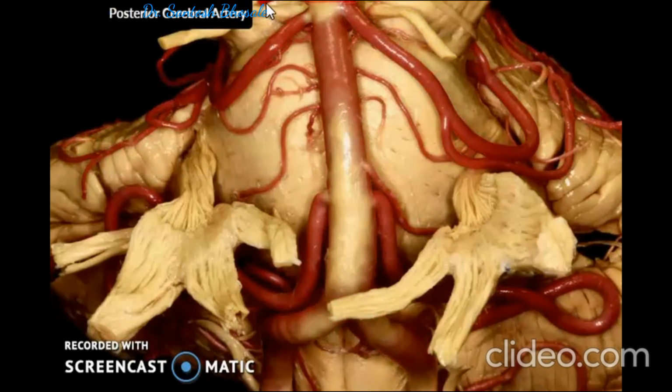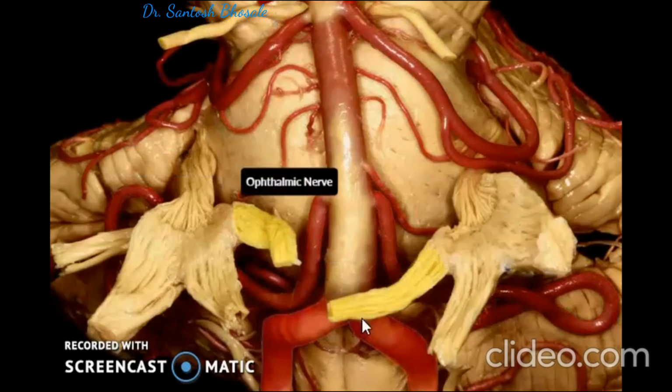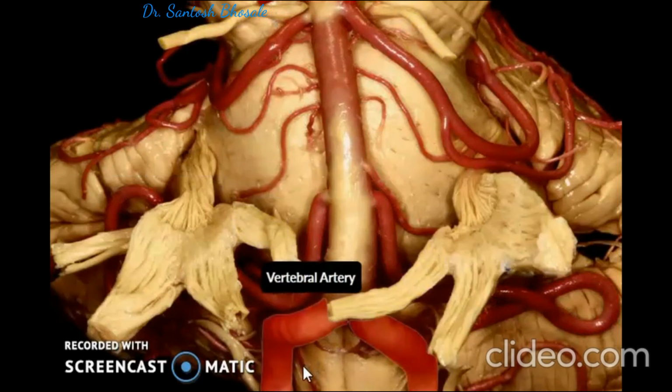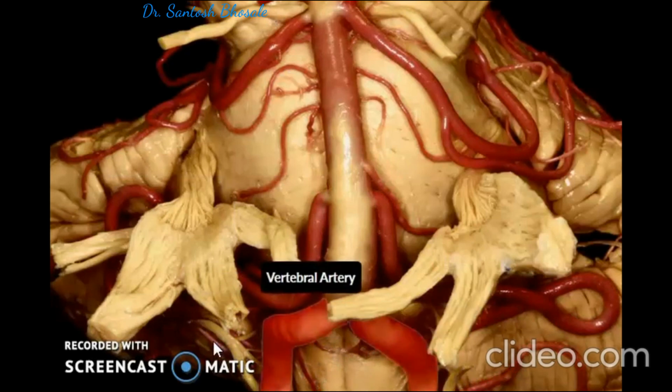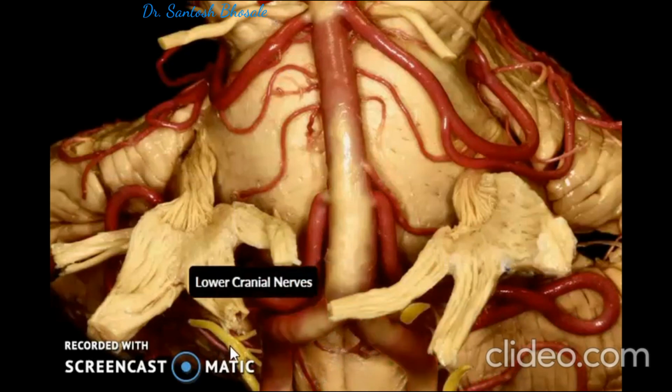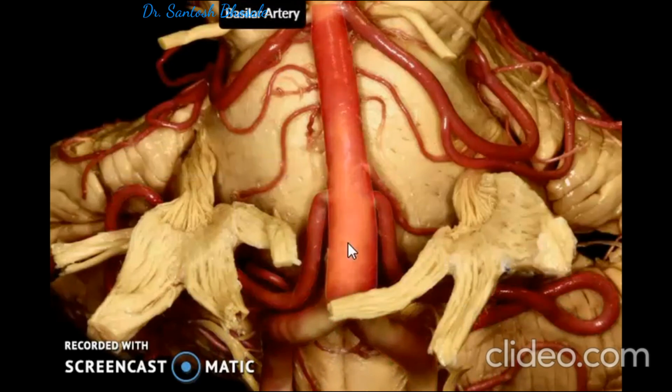As you see the lateral view, in the lateral view also you can notice these sets of arteries supplying the different parts of brainstem. Some overlapping is there in the distribution of the blood supply. You can see the cranial nerves there.